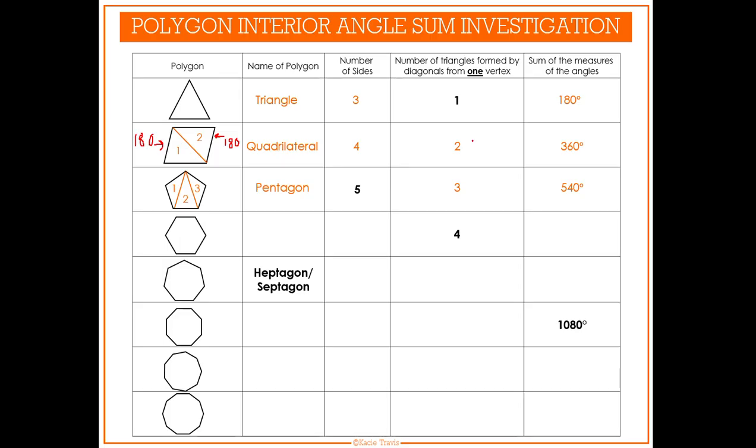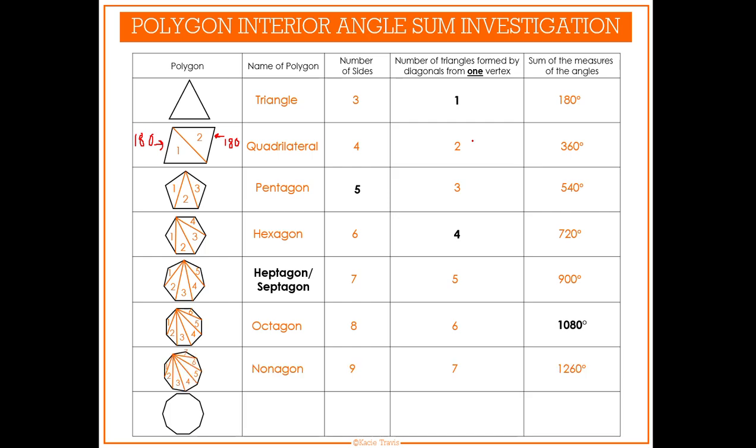Now, if I continue on, our hexagon can be split up into four smaller triangles, meaning that it is 720. Our septagon can be broken up into five, which makes it a total of 900 degrees. Our octagon has six of these inside of here, which makes this 1080.